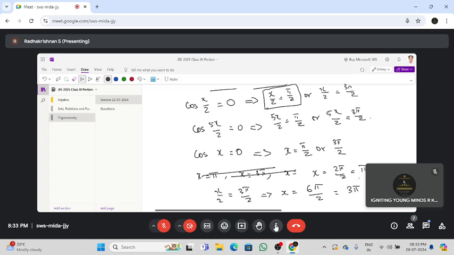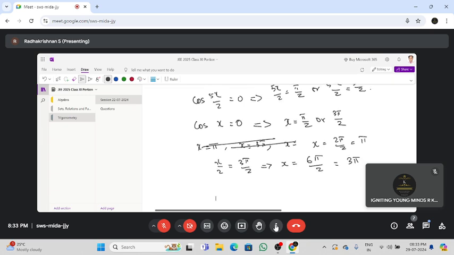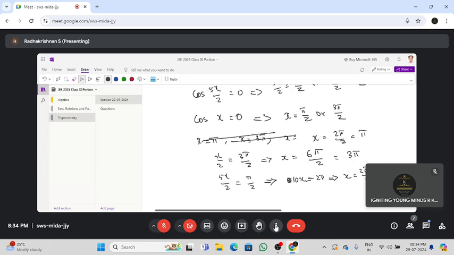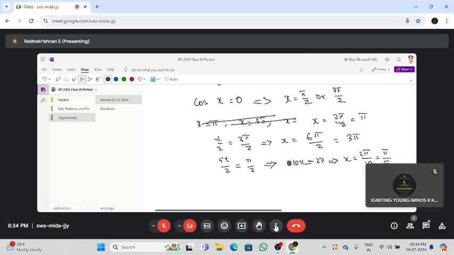The 2 can be cancelled on both sides and directly written. Next, 5x by 2 equal to pi by 2 gives me 10x equal to 2 pi, or x equal to 2 pi by 10 equal to pi by 5. Pi by 5 or 3 pi by 5.